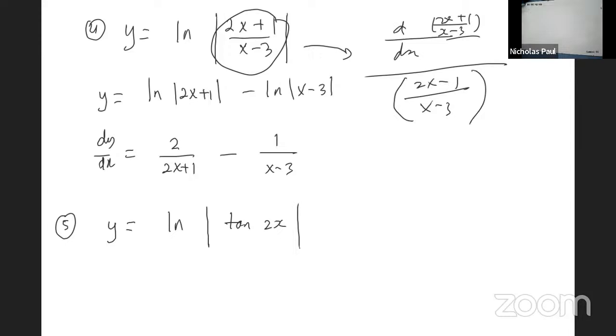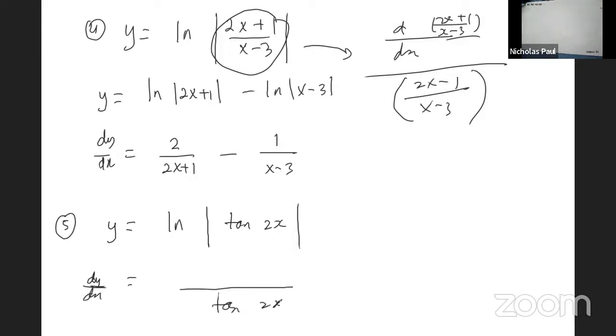Right? Try number 5. ln(tan 2x). So your denominator here is tan 2x.